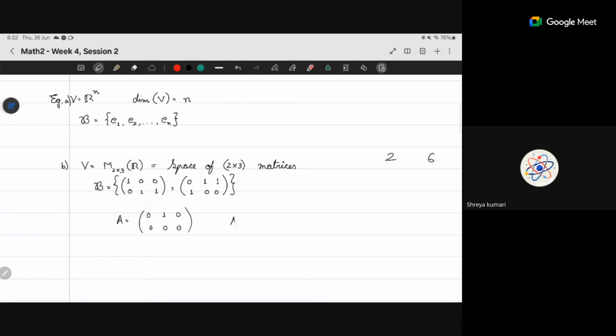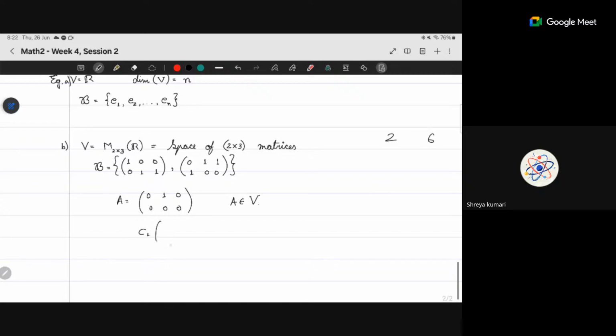This is a matrix in our vector space. Can it be written as a linear combination of these two things? Can I write C1 times the first matrix plus C2 times the second matrix is equal to this? Is it possible? No.